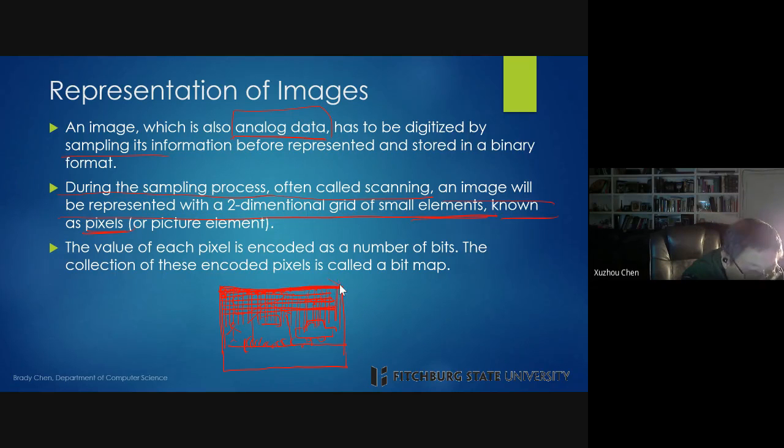Now the pixel is the smallest element which contains the same color code. You can make each pixel a big one, or make the pixel a small one. So for a fixed size of photo, you can make more pixels in each column and each row.